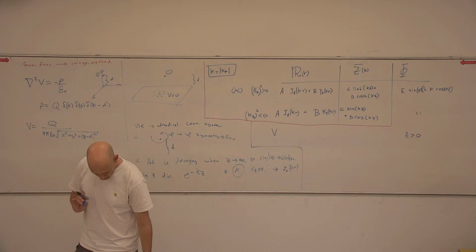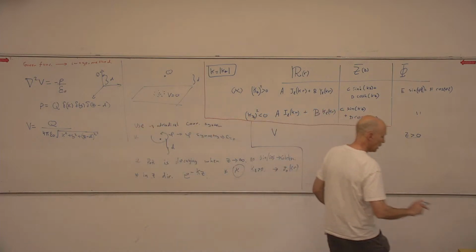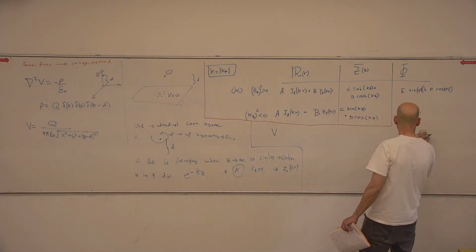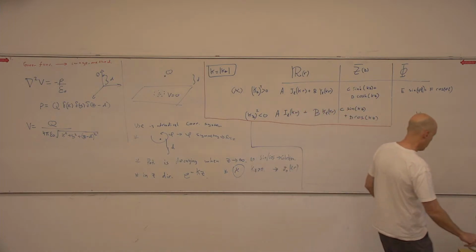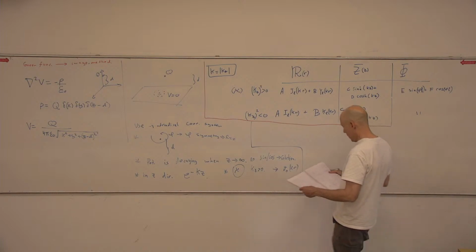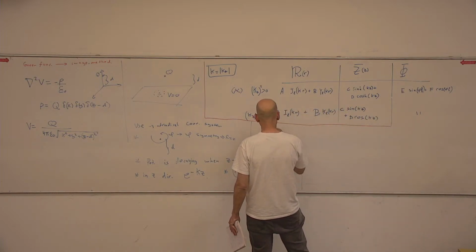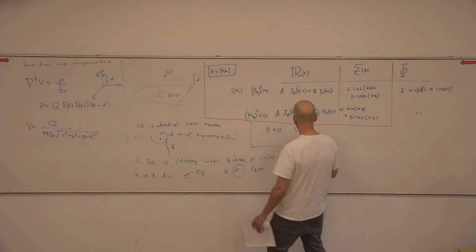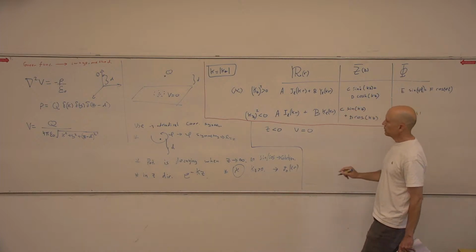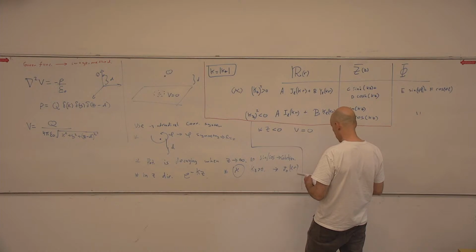Okay, so before doing that, let me be a bit more precise. When z is less than 0, V is 0 everywhere, as I mentioned just now. Okay, good. Now, what I want to do is the following trick.